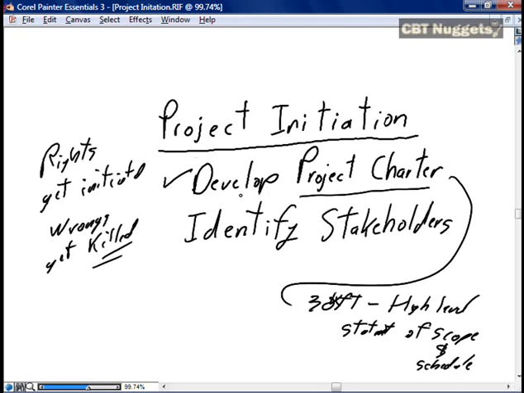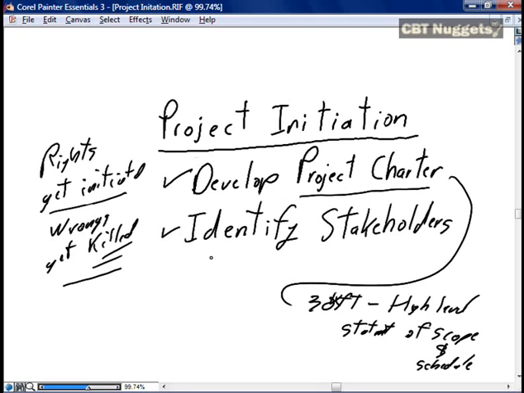It provides that 30,000-foot view of our project, presents it at sufficient detail, including the budget, that allows senior management to initiate the right projects and to discover the wrong projects and get them terminated or not approve them, so they never end up consuming precious corporate time.